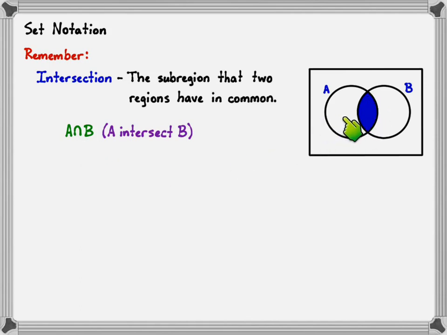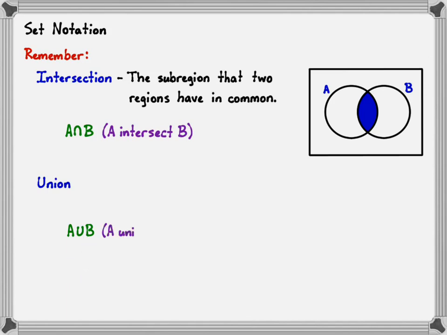There are 4 pieces. There's the moon, the football, the leftovers. When you hear the word and, you're thinking one of those pieces. So in this case, it's the intersection of A and B. Okay, union, remember, this is union. We use the U to represent union.